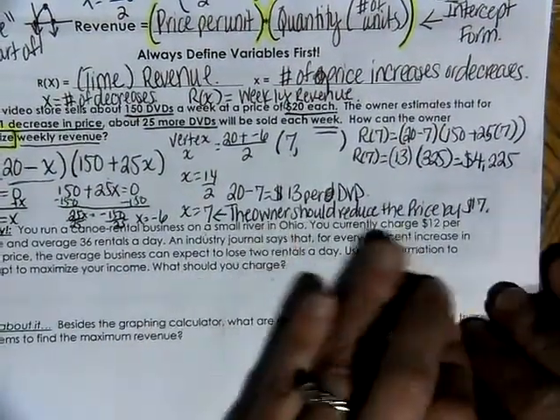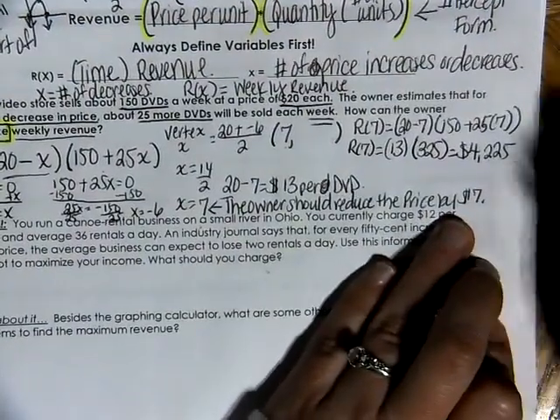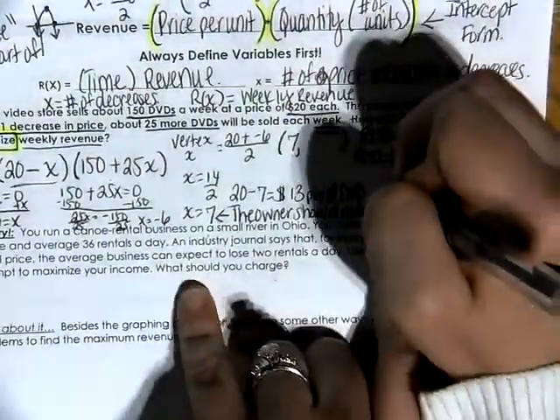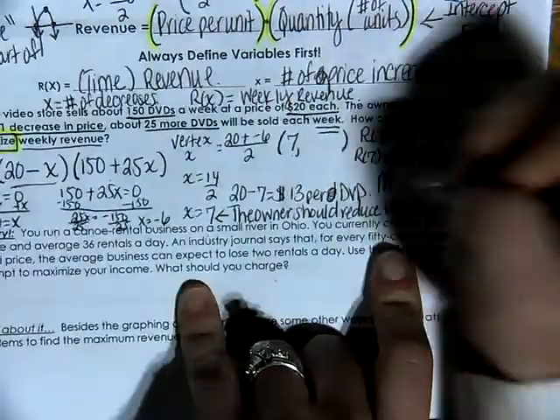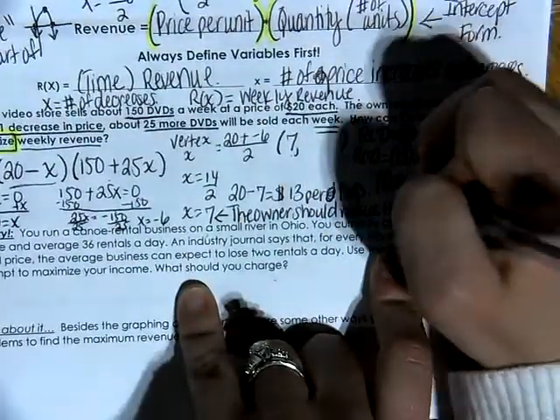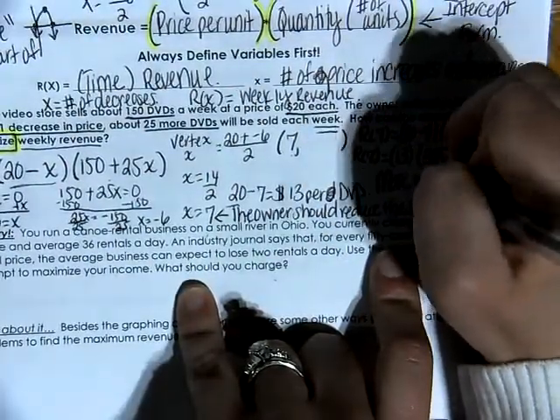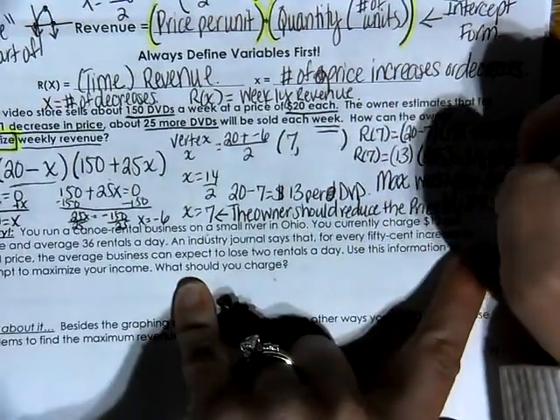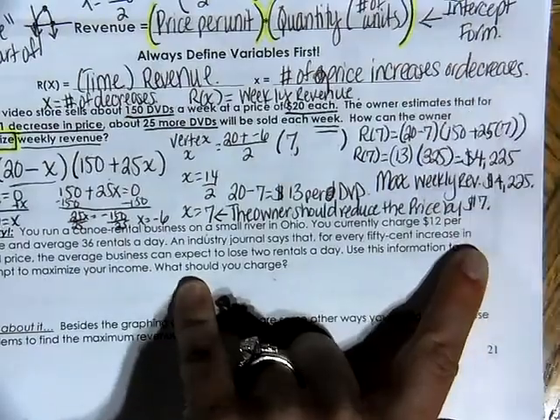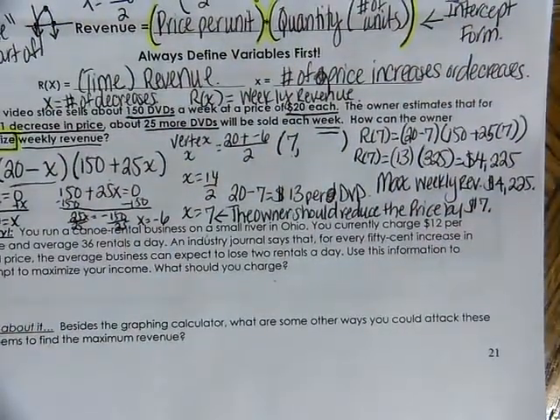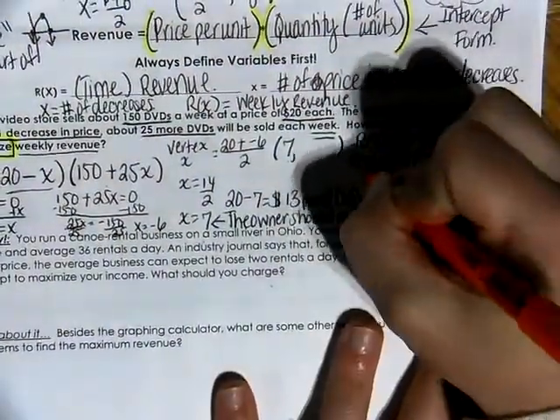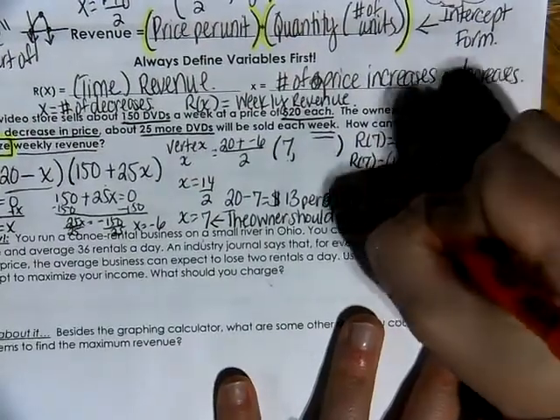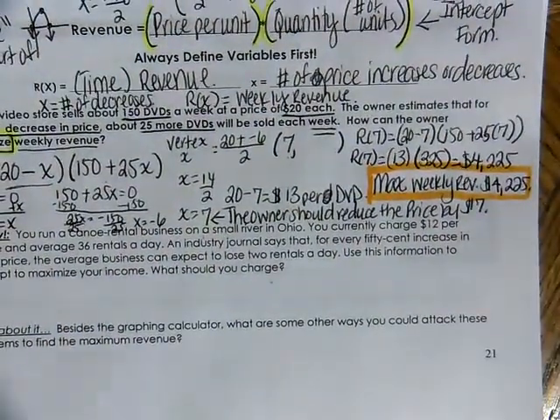So the owner should reduce the price by $7, and that would give a maximum profit, or not profit, a maximum weekly revenue of $4,225. And so that was a lot of information that we were able to find just based on our function.